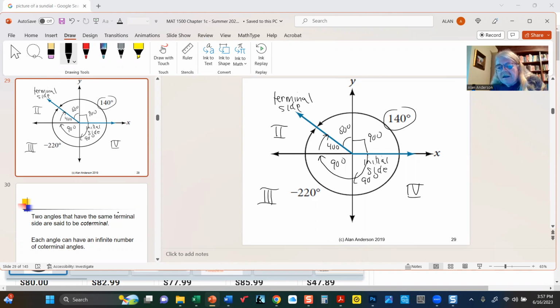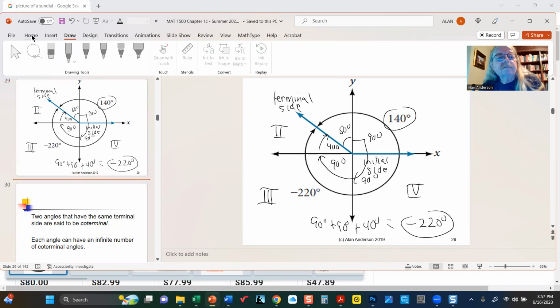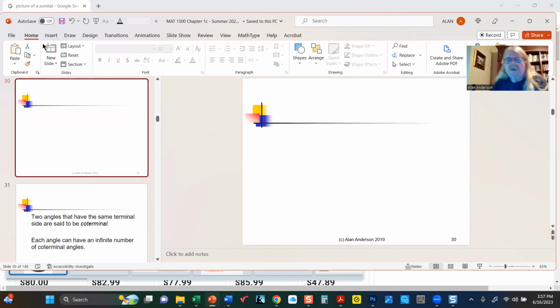So they add up to 90 plus 90 plus 40. It's 220, but because we're going clockwise, we call this negative 220. So what this implies is that they're both the same angle. So they both mean the same thing.